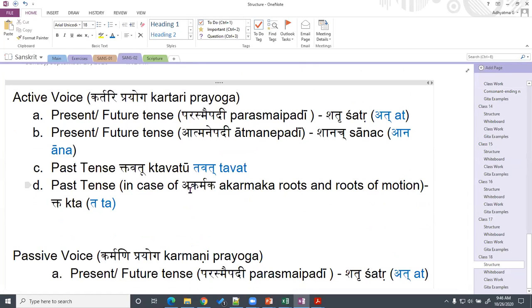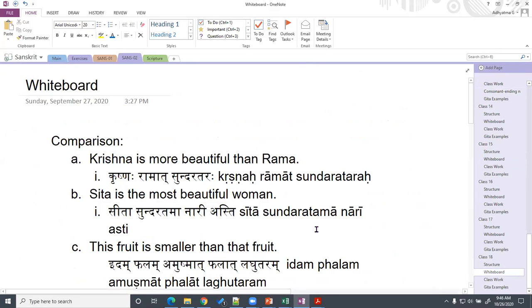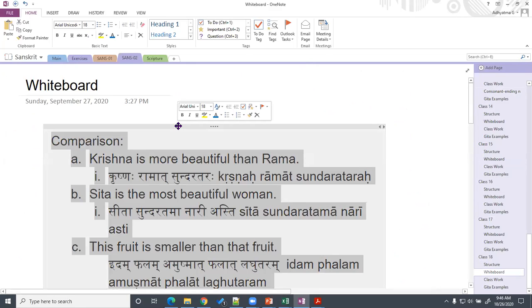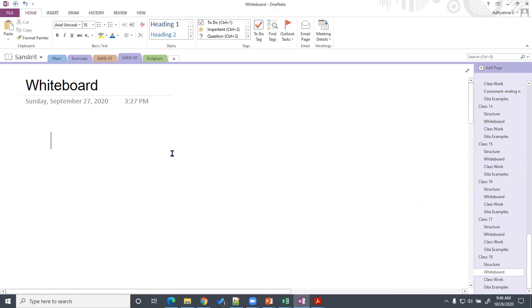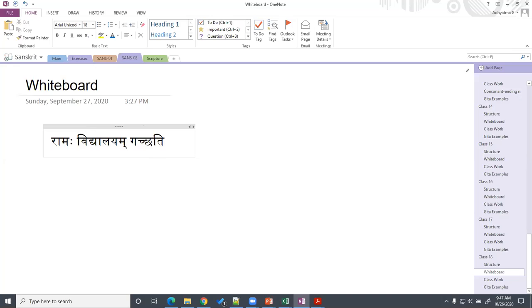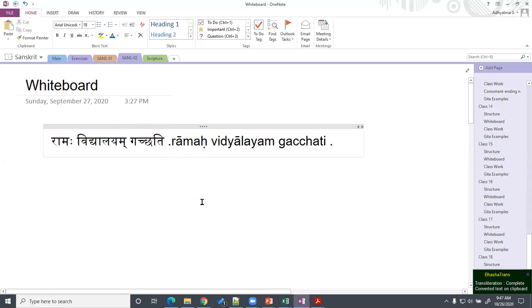So if I say, for example, our standard example, Rama Vidyalayam Gachati, here Gachati is the active verb. And what is the participle doing here?